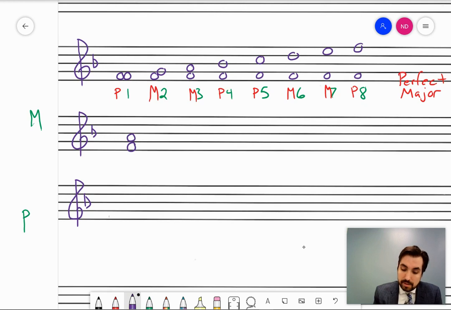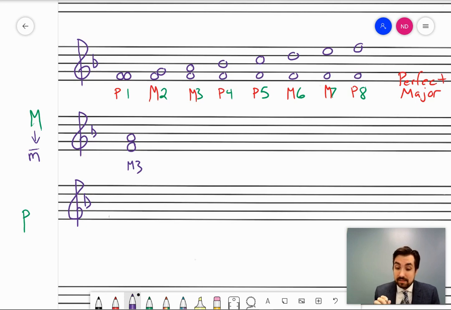If I lower the top note of a major interval by a half step, then it becomes a minor interval. I encourage my students to write a lowercase m with a horizontal line over it so I can tell the difference between your upper and lowercase m's. If a major interval has its top note lowered by a half step, its quality becomes minor.